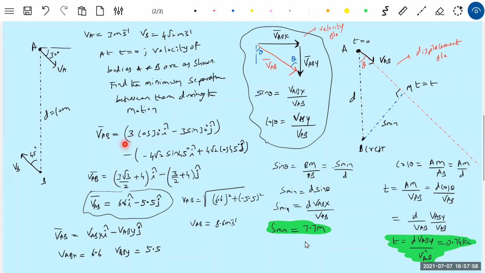VAB bar, what you write, VB bar vector is what we are writing. VAB bar is this one. Okay, sir.